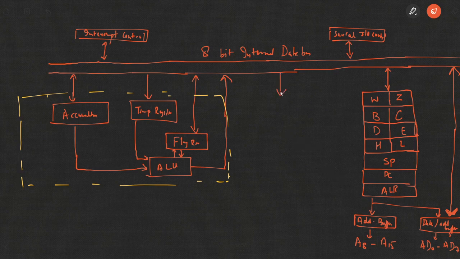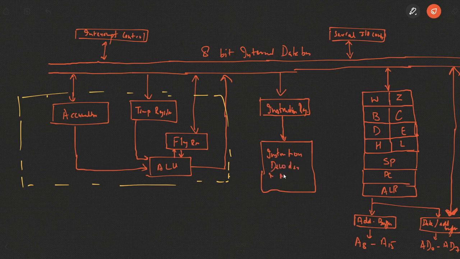Then we have discussed the instruction register. So instruction register basically will fetch the opcode from the data bus. That opcode will contain the information of the instruction that needs to be executed, and from the instruction register the opcode travels to the instruction decoder.